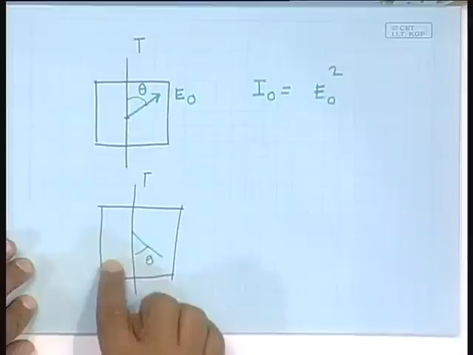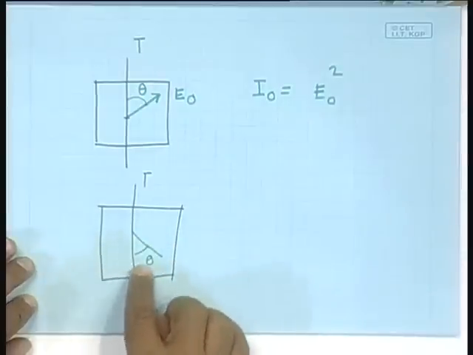So, we are assuming that for natural light the electric field vector changes around quite rapidly, on a time scale much faster than the time scale over which we measure the intensity. So, when you measure the intensity of the light, what you are going to measure is the average over different orientations of the electric field.